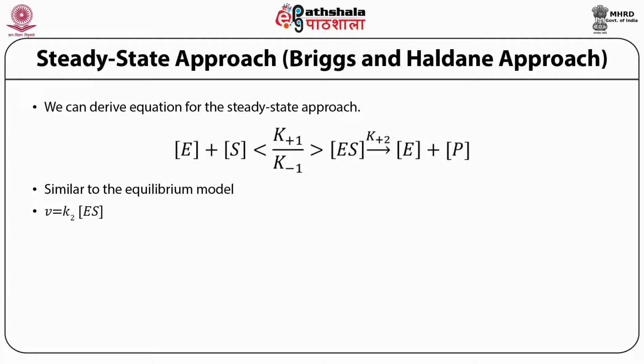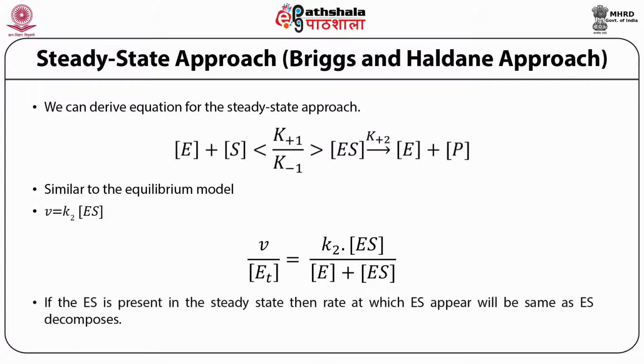And we also know that the total enzyme concentration present is equal to free enzyme plus enzyme present in the form of ES complex. So when you divide the initial velocity by the total enzyme concentration, we have the equation V upon ET equals K2 into ES divided by the concentration of free enzyme plus the concentration of ES complex.